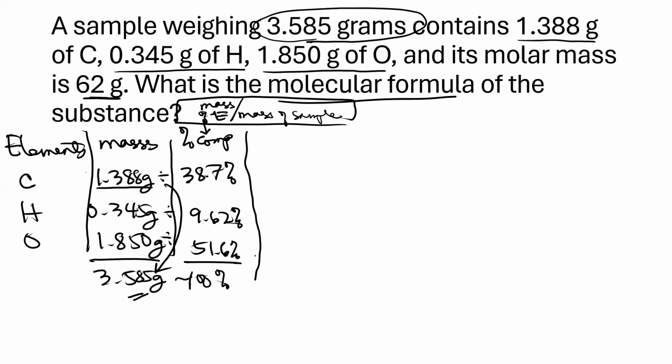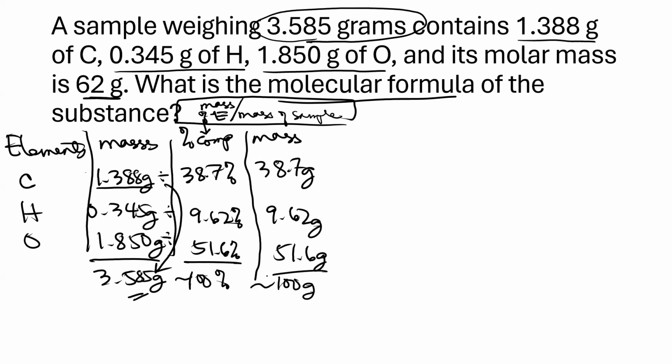So because it's 100%, we can assume that the mass of the elements in a 100-gram compound would be 38.7 grams, 9.62 grams, and 51.6 grams. So more or less that would be 100 grams. So we already have the mass.